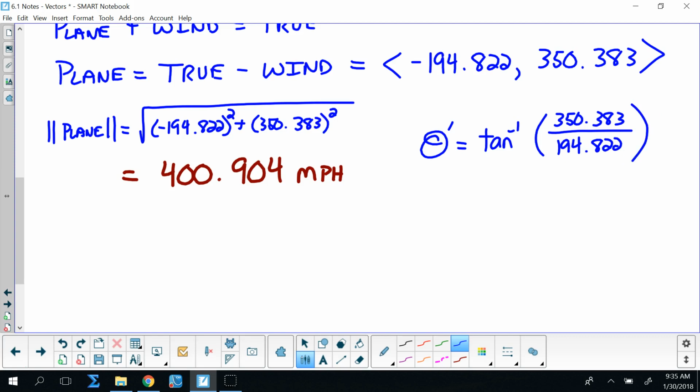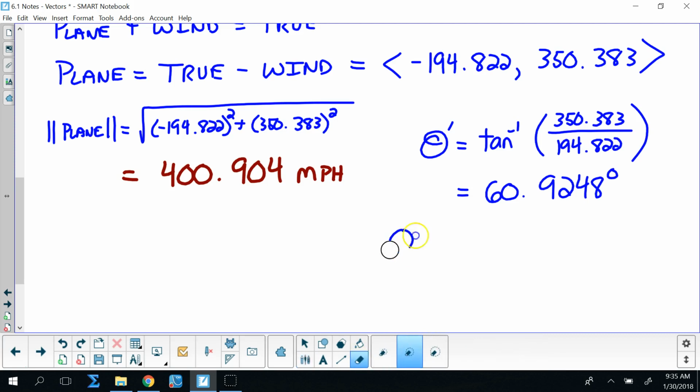So that's going to give me a reference angle here of 60.9248 degrees. Agree with that? Okay? Which quadrant should I say is that theta, my plane here, which quadrant is that in? That is in quadrant number 2.